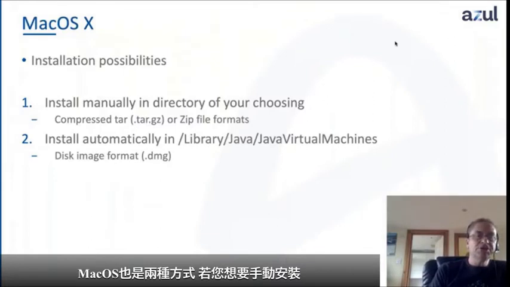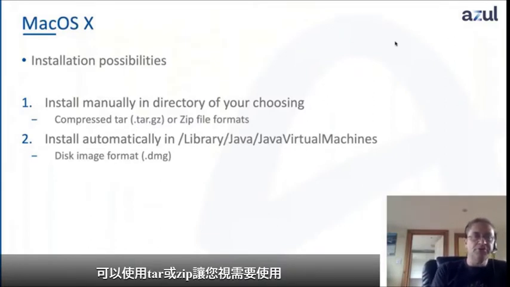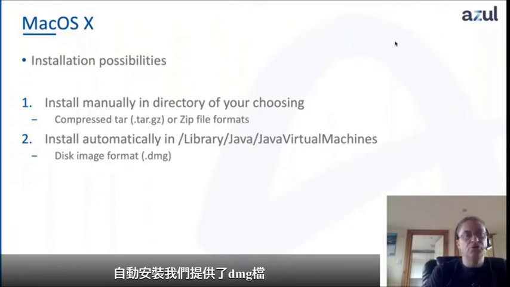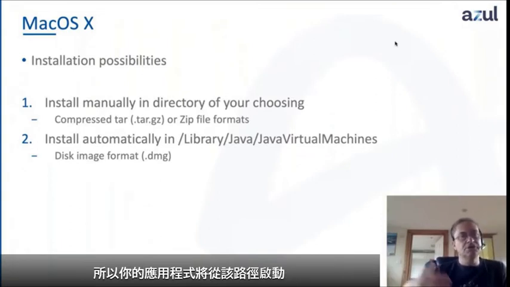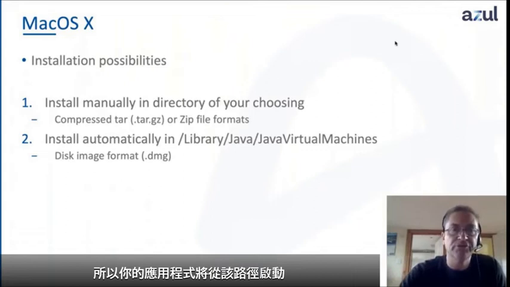If you want to do a manual install, we will provide you with either a compressed tar file or a zip file, whichever you prefer, and we can provide you with the automated install, which is a DMG file, a disk image format, and that will install into the standard directory /Library/Java/JavaVirtualMachines so that your applications can pick up their Java from there.